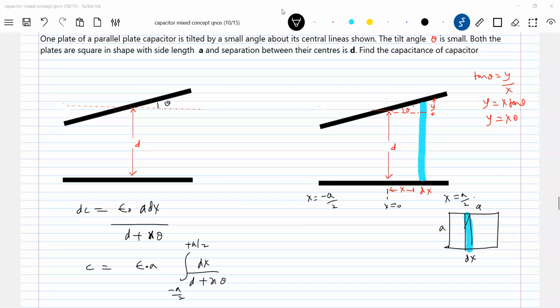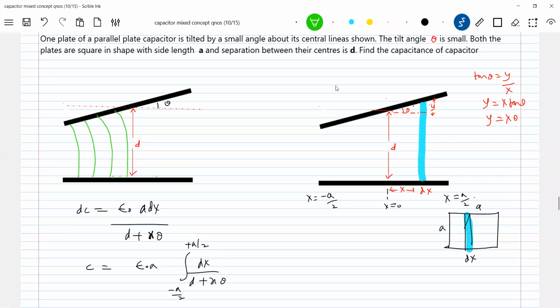The angle of tilt is very small. The electrostatic field will not be uniform. I'll show how the field lines should be like this. We need not bother about that, because the capacitance depends on what?